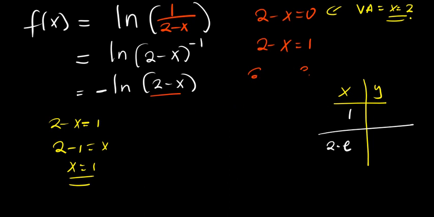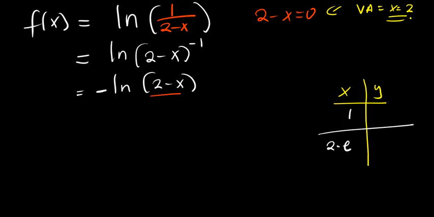Now I'm going to start plugging in the values. I have negative ln(2 - x), where there is x we put 1. That becomes negative ln 1. ln 1, or log 1 regardless of any base, is 0. So it will be 0 times negative, which is 0.